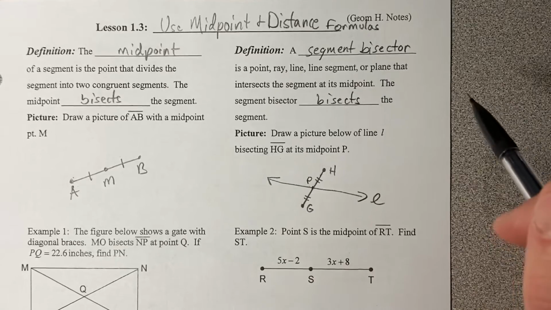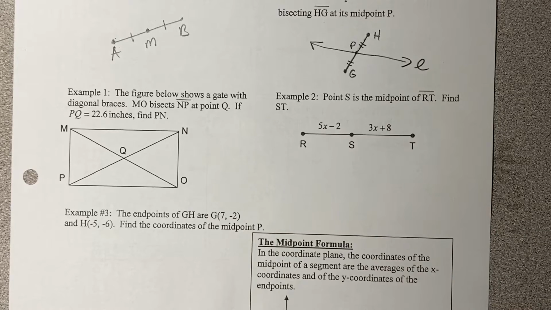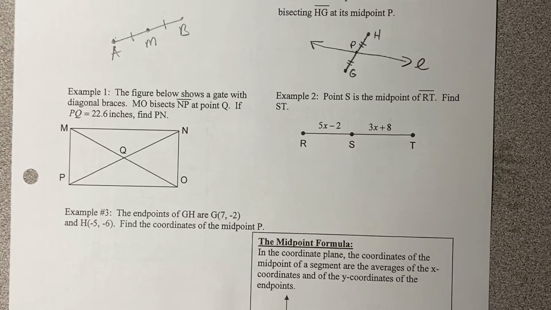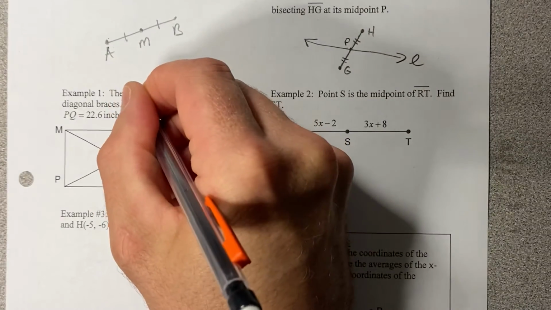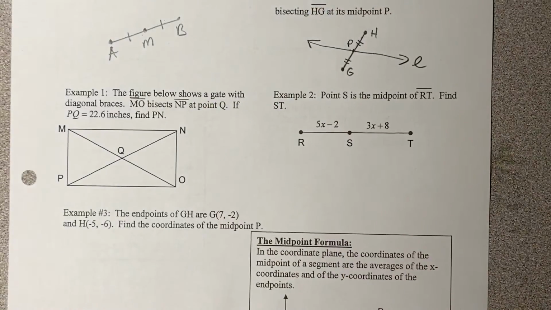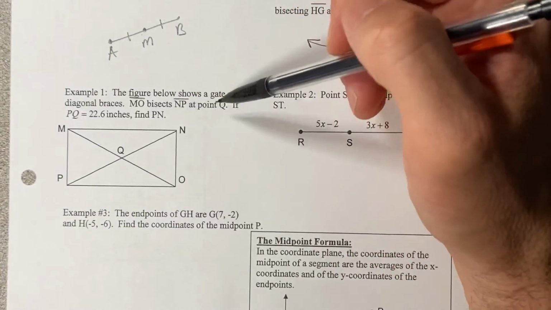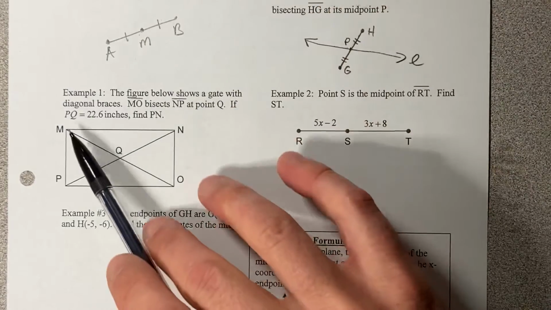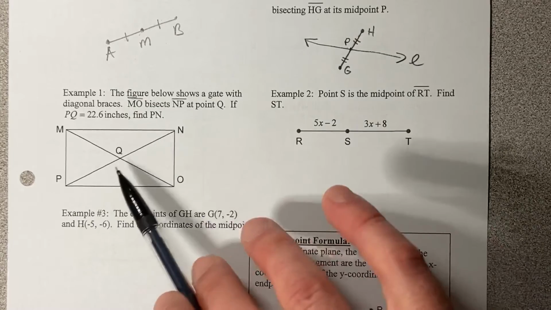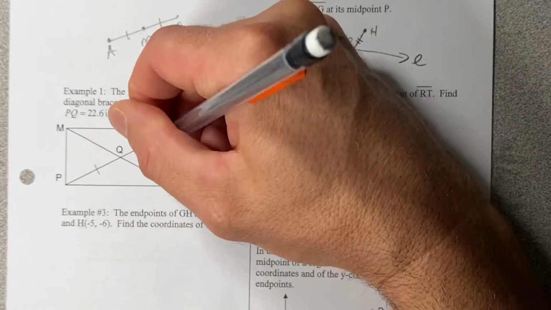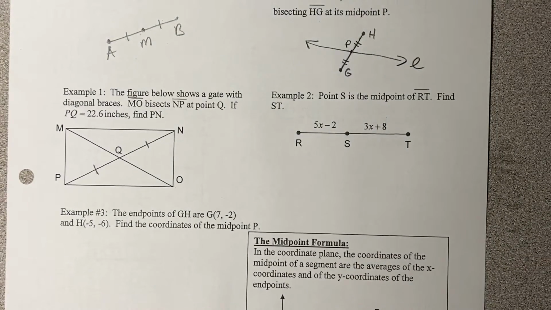All right, let's look at an example. The figure below shows a gate with diagonal braces. It says that MO, by the way, that should be segment MO, bisects segment NP at point Q. So if segment MO bisects NP at Q, then I know that PQ and QN are congruent.